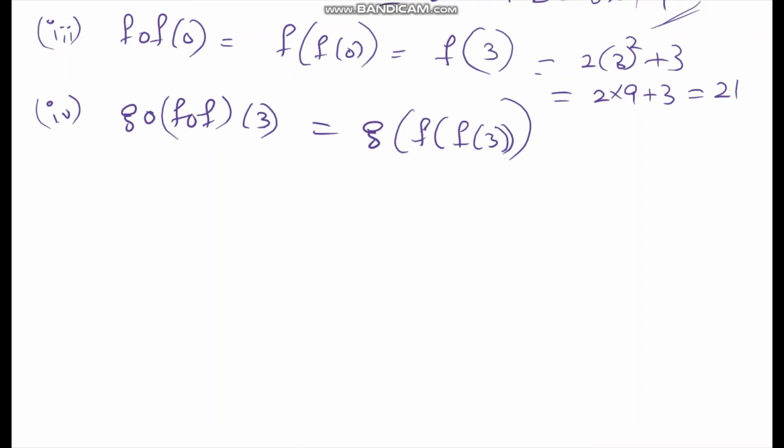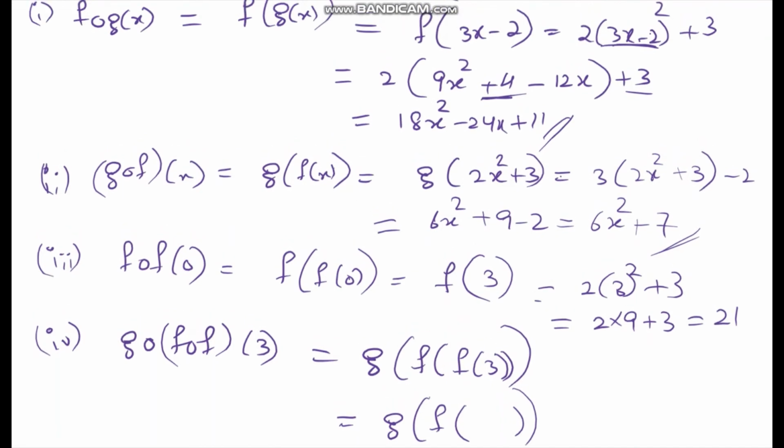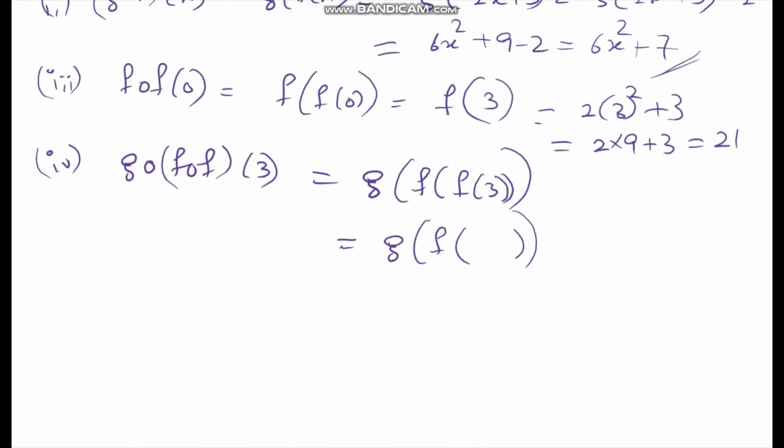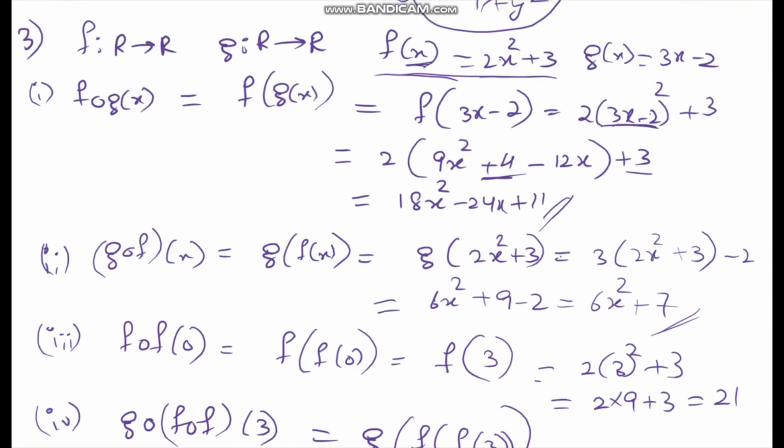So we get two functions inside the g function, that equals g of f of 3. So the value of f of 3 is, in the place of x, if I substitute 3, 2 into 9 plus 3 is 21. So f of 21, that equals g of, again f of 21 we need to find.